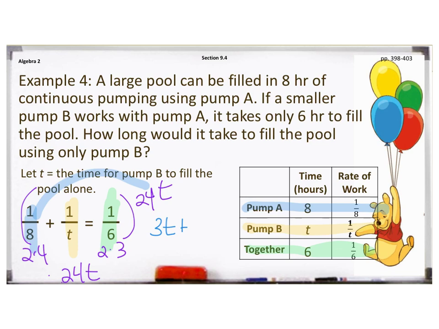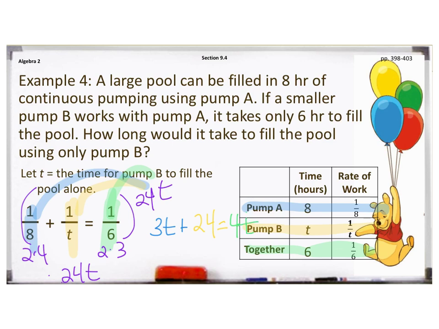3T plus, when I multiply it times the 1 over T, the T crosses out and I get 24, equals, when I multiply it by 1 over 6, 24 divided by 6, I'm left with 4T.